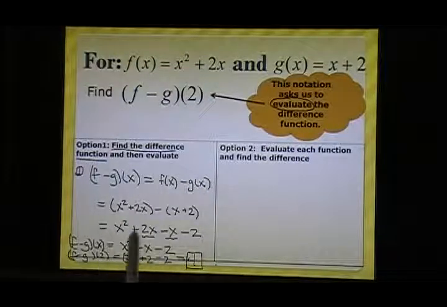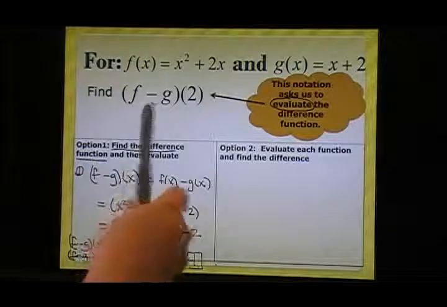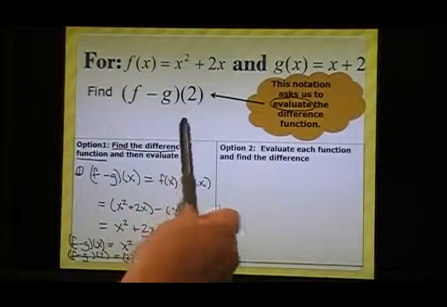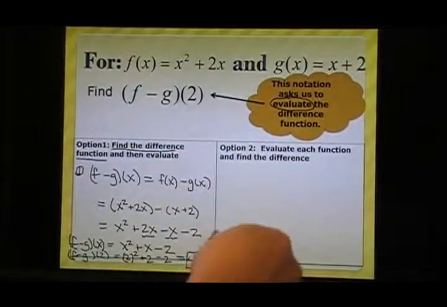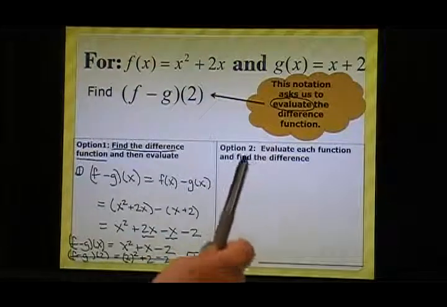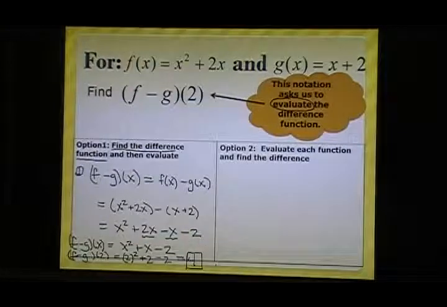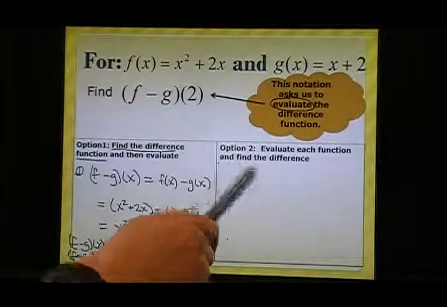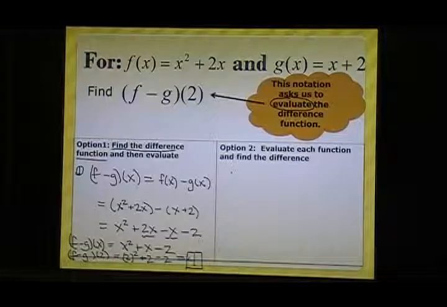If you haven't already found it, this is way more work than you need to do to answer this question. So if somebody hadn't already asked you to find the difference function, a better bet is to just evaluate each function and then find the difference.